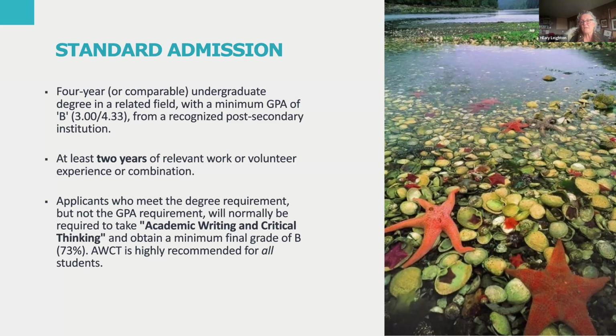So if you don't actually meet the GPA requirement, you'd be required to take our wonderful course, Academic Writing and Critical Thinking, and come out with a minimum B. It's really highly recommended for all students, though, because you can be a great writer, and academic writing is a little bit different than other forms of writing. So it's a really great way to tune up and have that in your toolkit, as it were. So when you come to the learning and some of the intensity of that, you're not wrestling with the writing or the conventions, you're wrestling with ideas, which is what we want.